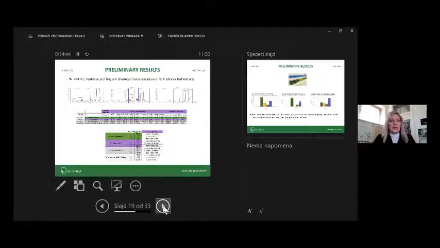And here you can see the preliminary results of high-performance liquid chromatography with reverse phase profiling of our extracts that indicate the phytochemical diversity of analyzed species. The most common detected compound was vitamin C, detected in all analyzed species with the highest concentration in black locust.